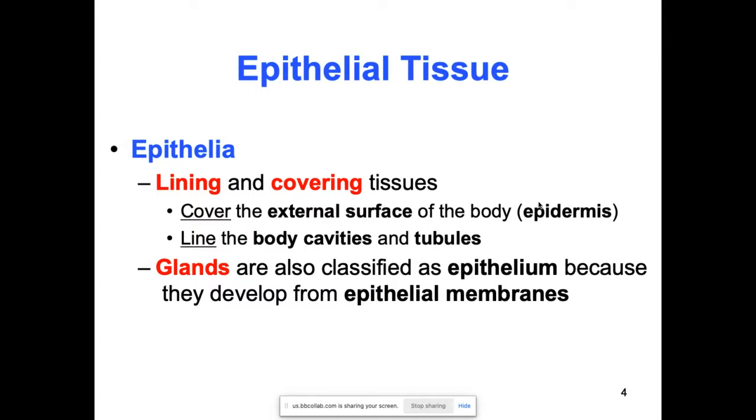The skin, the outer lining, that's epithelium. Epithelium also lines the body cavities and tubules within the body. So tubules, just think of a hose. That's a tube. Anything that has a hose shape in the body, like long tubes such as the windpipe, the esophagus, the intestines, the respiratory tract, the reproductive tract, or the urinary tract, when you look at them, they're nothing but tubes.